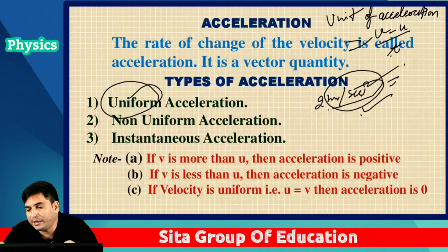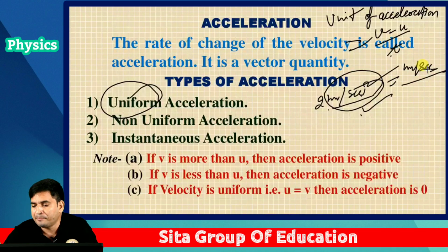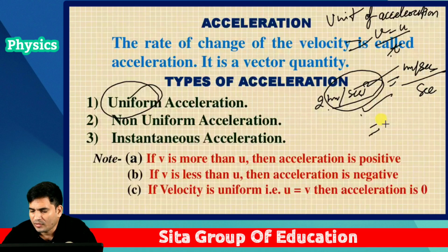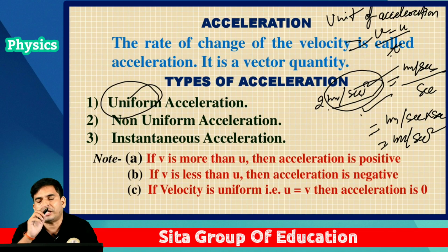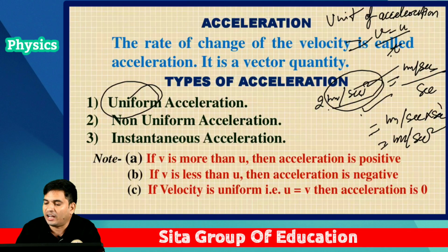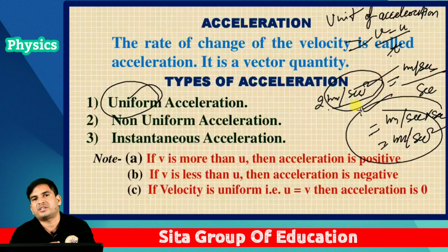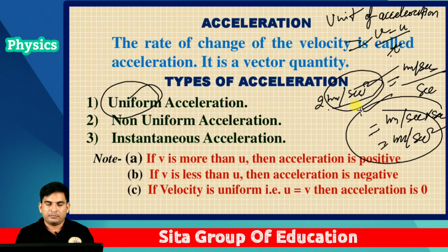That is meter per second. What is the unit of time? Second. Meter per second divided by second, what do you get? Meter per second square. So you get the unit of acceleration, that is meter per second square.